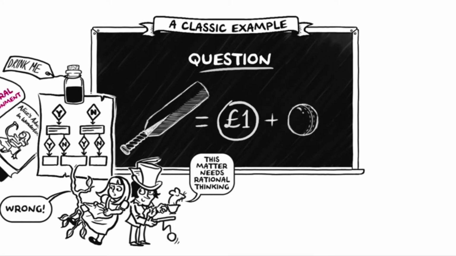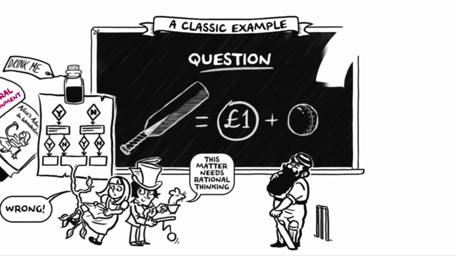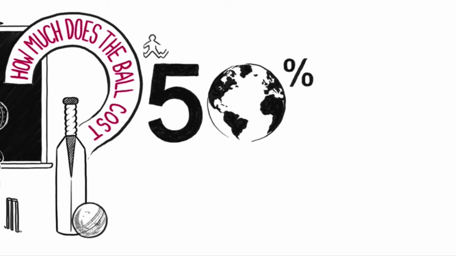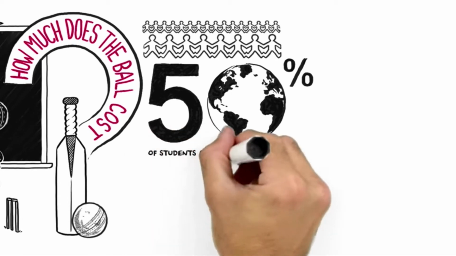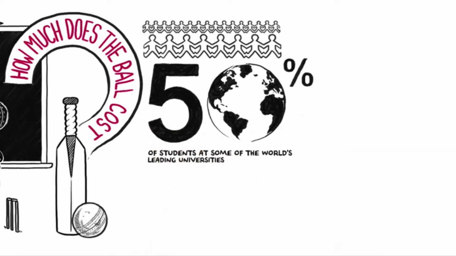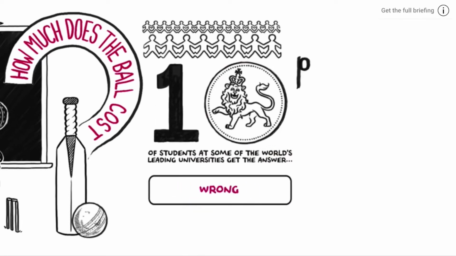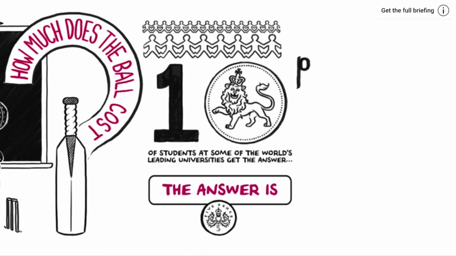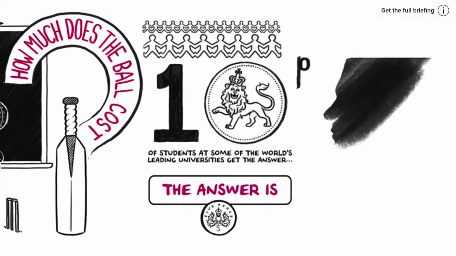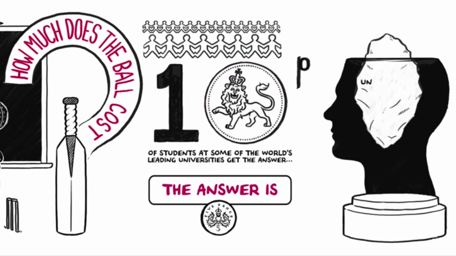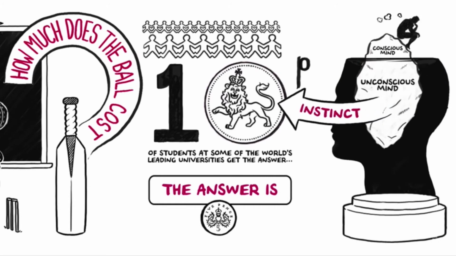If the bat costs £1 more than the ball, how much does the ball cost? Most people, including over 50% of students at some of the world's leading universities, get the answer wrong and say 10 pence. The answer is actually 5 pence. Many of us choose 10 pence without thinking. This is because our unconscious mind uses instinct, not analysis. So our unconscious is fallible.